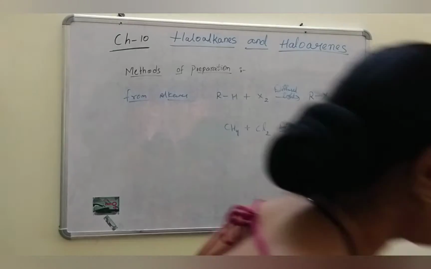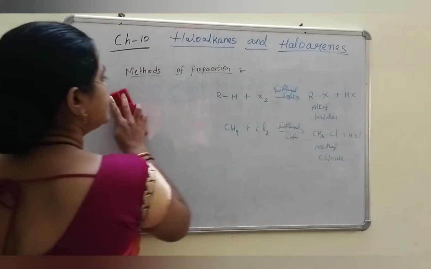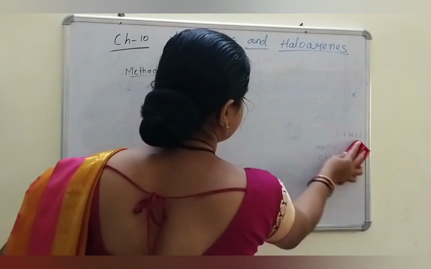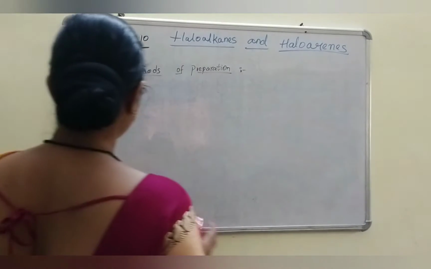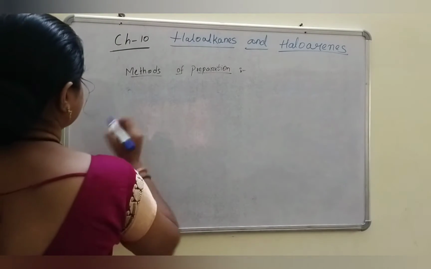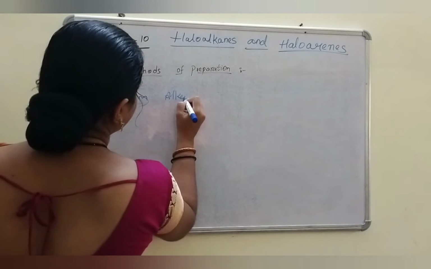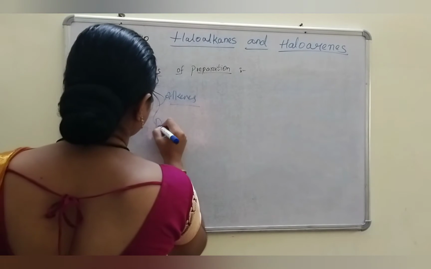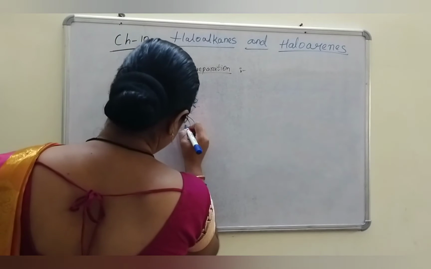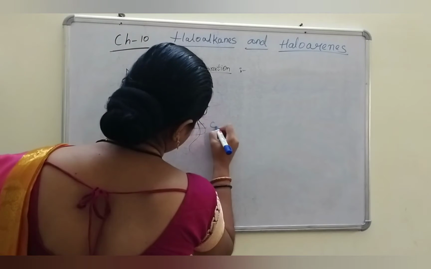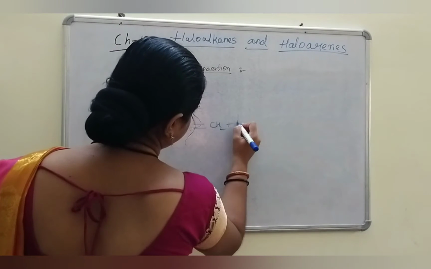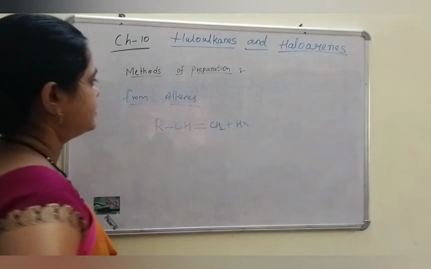Next, the method of preparation of alkyl halides from alkenes. For this the example is CH3-CH=CH2 with HX.